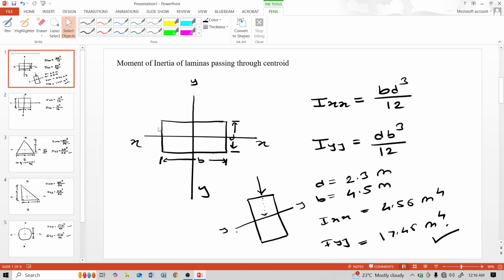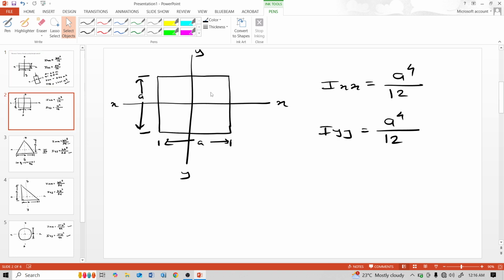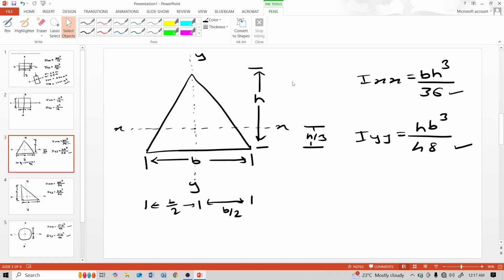So for rectangle, moment of inertia about XX axis is B D cube by 12, and about YY axis is D B cube by 12. For square, IXX is A raised to 4 by 12 and IYY is A raised to 4 by 12. For triangle, IXX is B H cube by 36 and IYY is H B cube by 48.